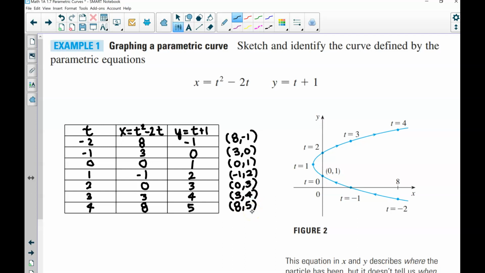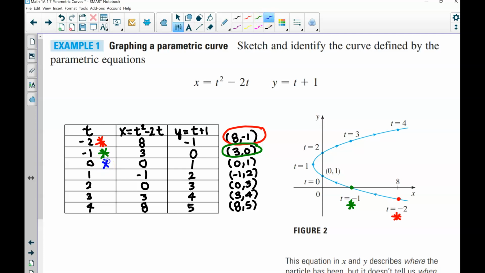Okay, so let's see what happens here. We notice that at t equals -2, we're plotting the point (8, -1). Then at t equal to -1, the point that we plot on our x-y plane is (3, 0).